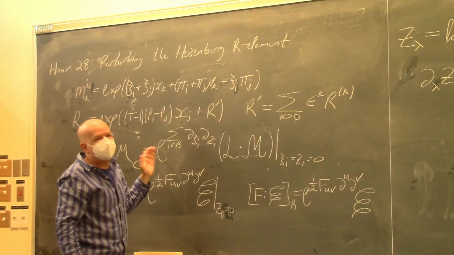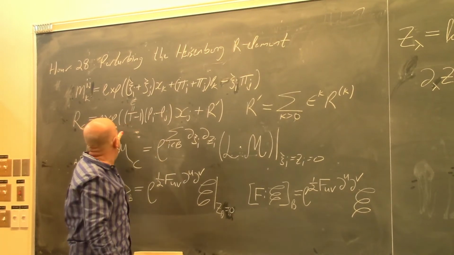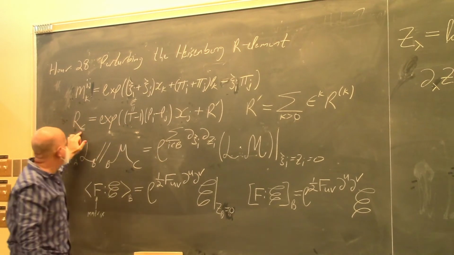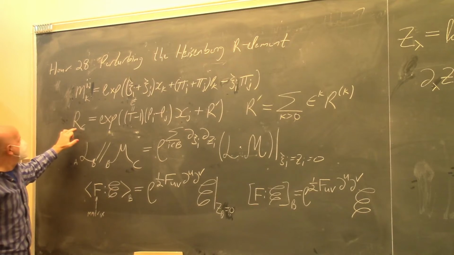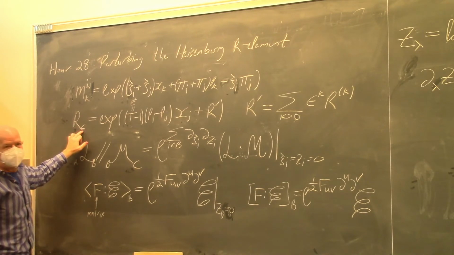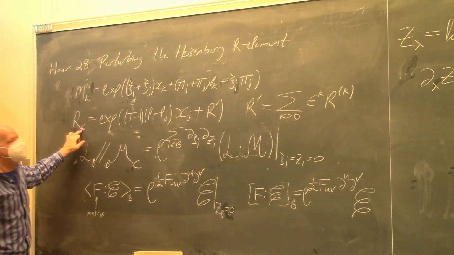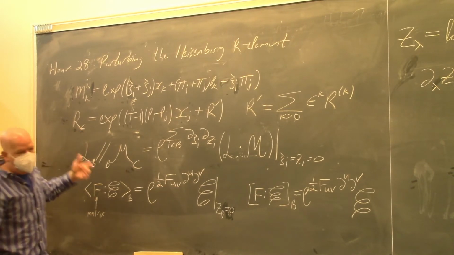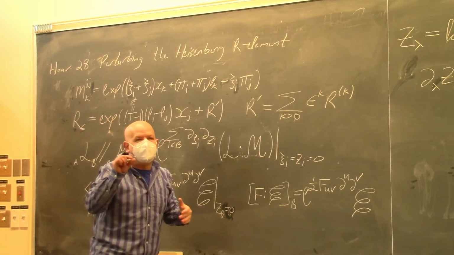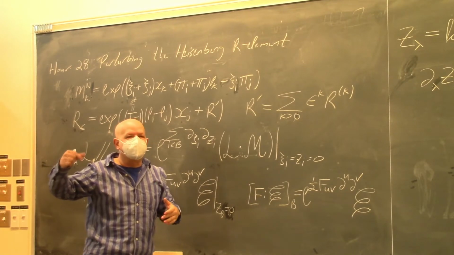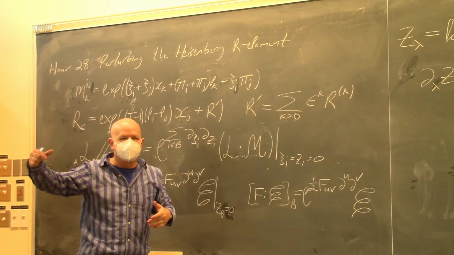And what I want to do today is to see if I can perturb R. So instead of R, I want to switch to R epsilon. So R that will depend on a new parameter epsilon, which I suppose means that everything is now allowed to be a power series in epsilon.